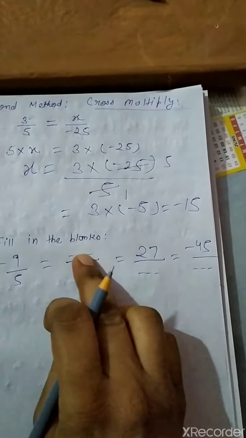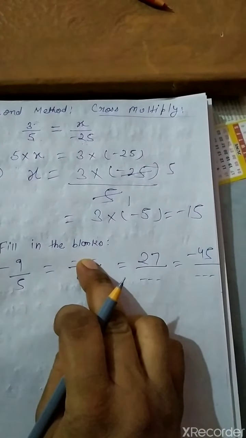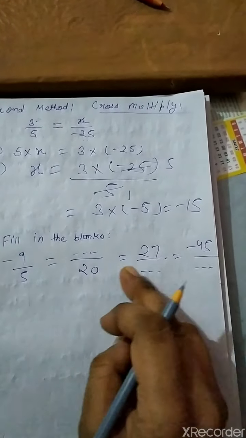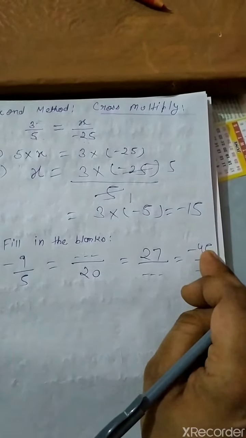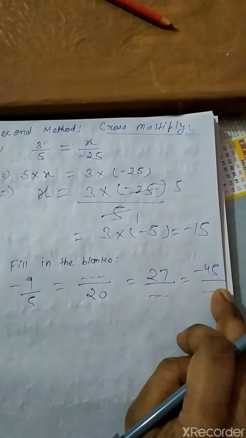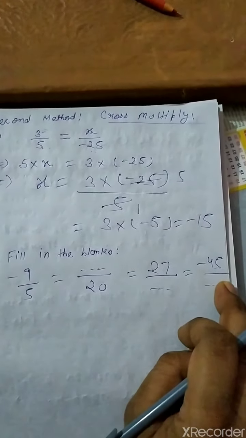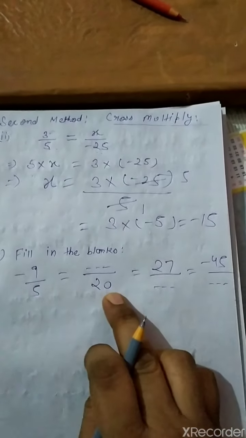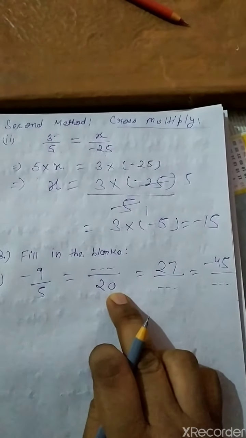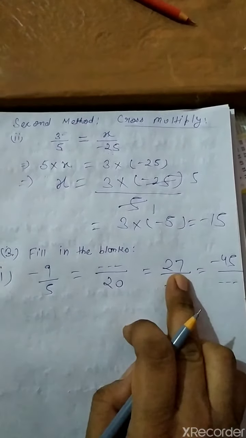These blank spaces we have to fill. Somewhere the denominator is given and somewhere the numerator is given, so you will use the rule of finding an equivalent rational number with a particular denominator or numerator.